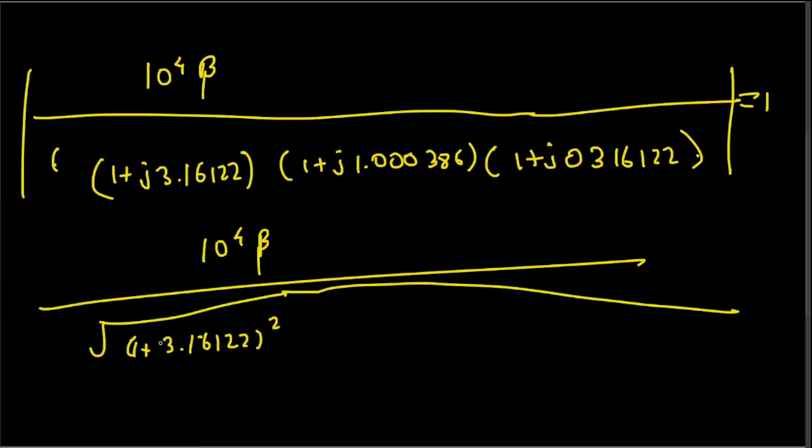We are only squaring this j term right here; 1 remains the same.